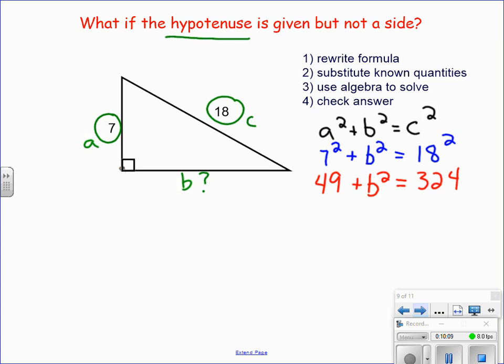I now have an algebra question again that I can solve because we are all highly skilled in algebra. I'm going to have to subtract 49 from this side and this side. That's going to leave me with B squared is 324 minus 49, which is 275.